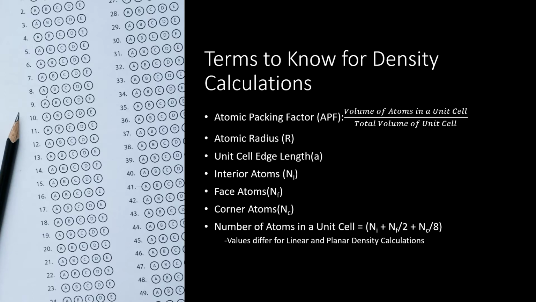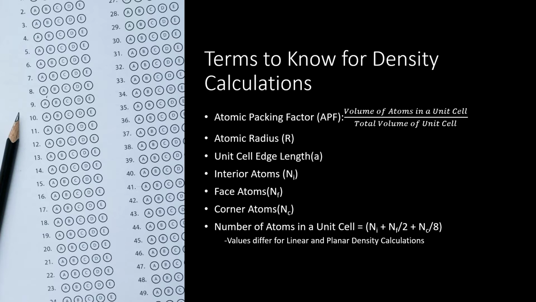Some terms to know for density calculations are the atomic packing factor, which is mainly used for crystalline structures, and this takes into account the volume of the atoms in the unit cell over the total volume of the unit cell. What it's really saying is the ratio of atoms to empty space, a general number you can use for determining how packed a crystalline structure is.